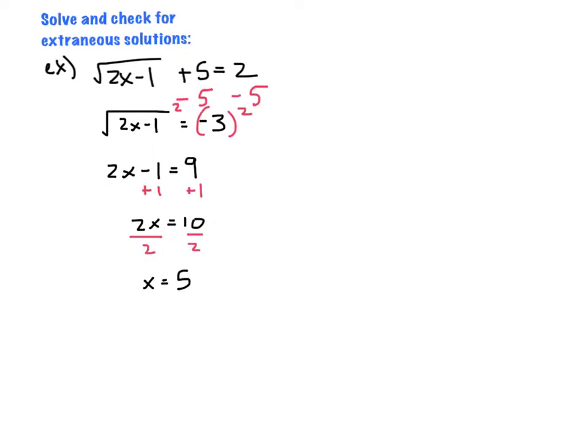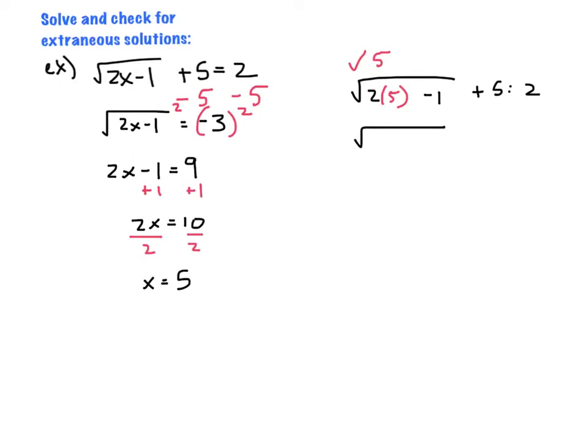So now we've followed all the rules, right? And we got x equals 5, but we need to check and see, does this solution actually work? Does it satisfy the original? So I'm going to go back and check this 5 by replacing the x's with the 5. I've got the square root of 2 times 5 minus 1, plus 5, equals 2.